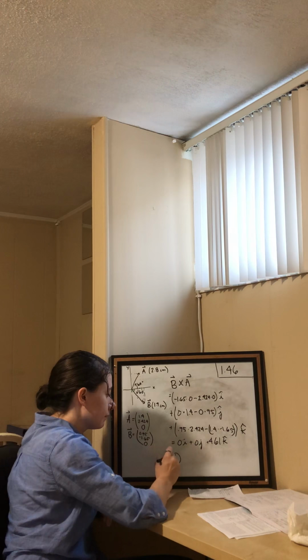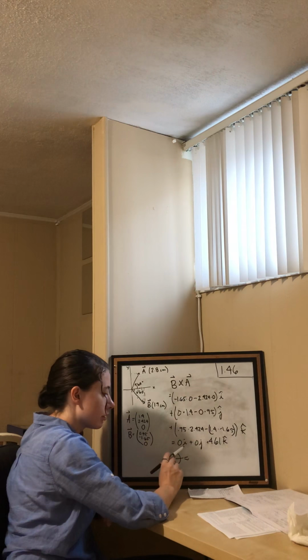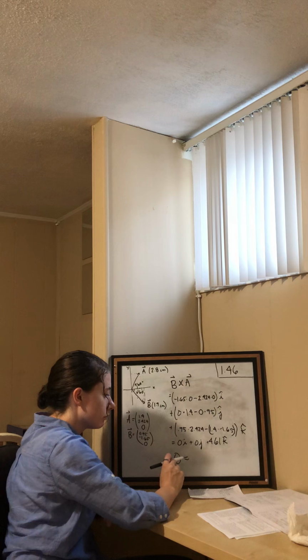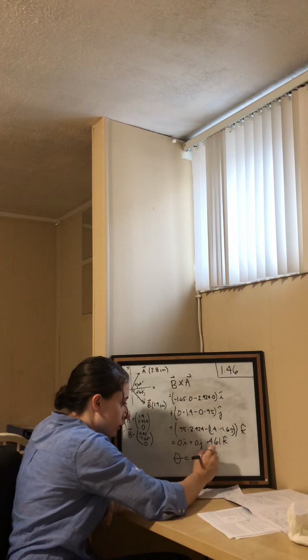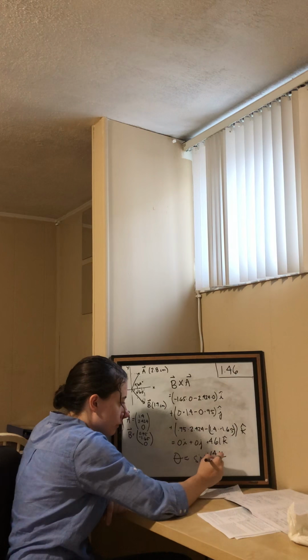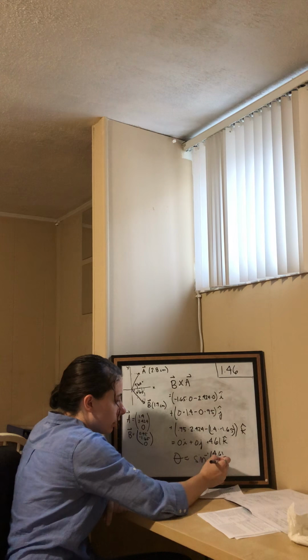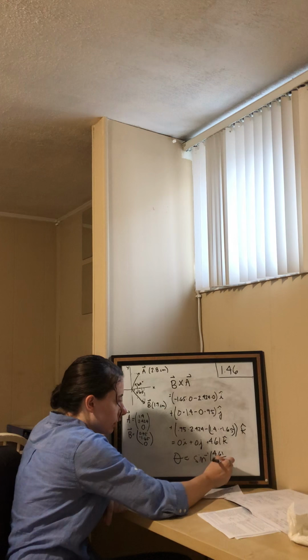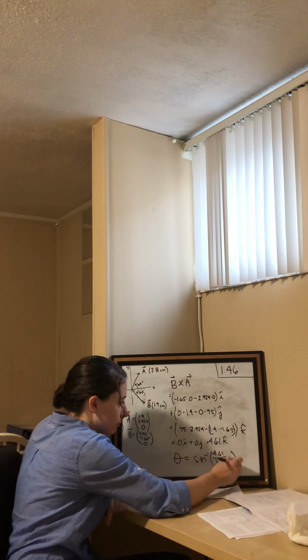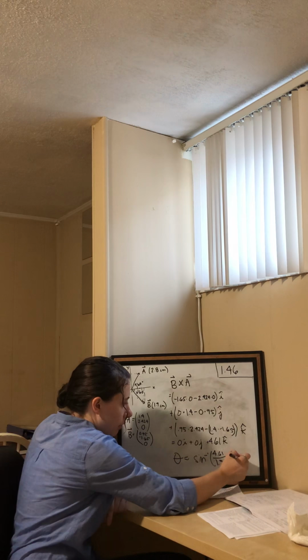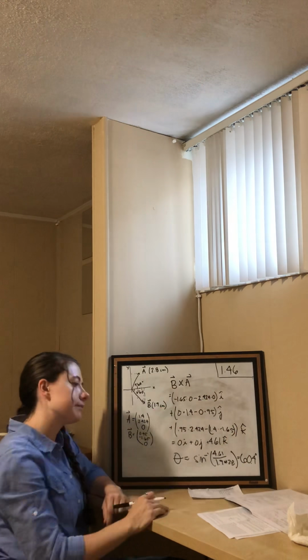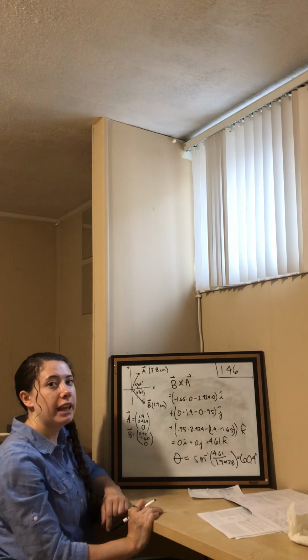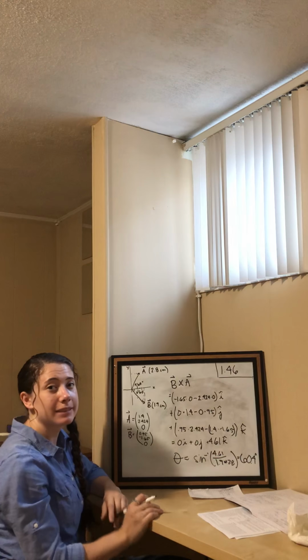Then for the direction, this would be the inverse sine of this positive 4.61 divided by 1.9 times 2.8, and we will get a positive 60.4 degrees. And that is problem 46.